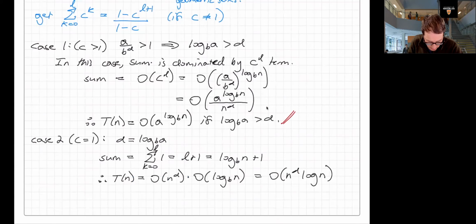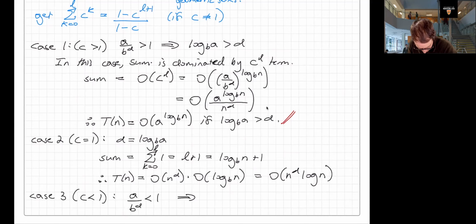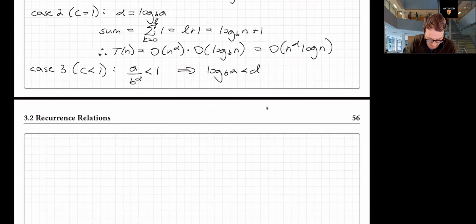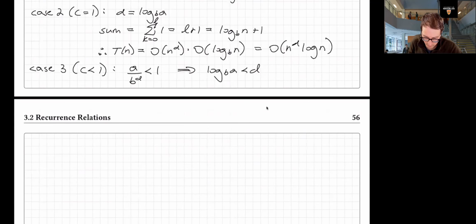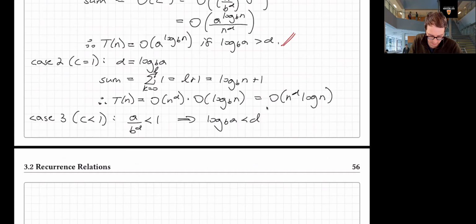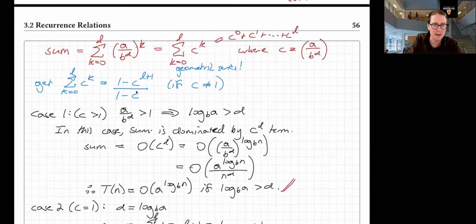Now, finally, case 3 is that C is less than 1. So in this case, A over B to the D is less than 1, which corresponds to log base B of A being less than D. Here, this sum now, C is a number that's less than 1.